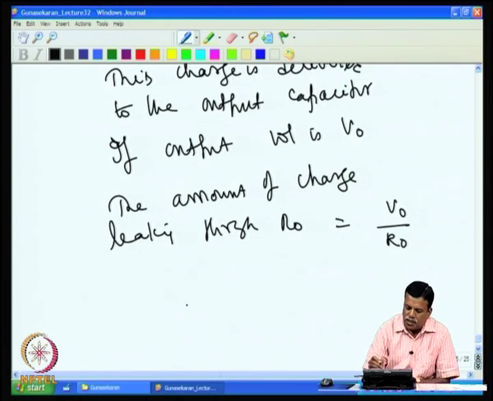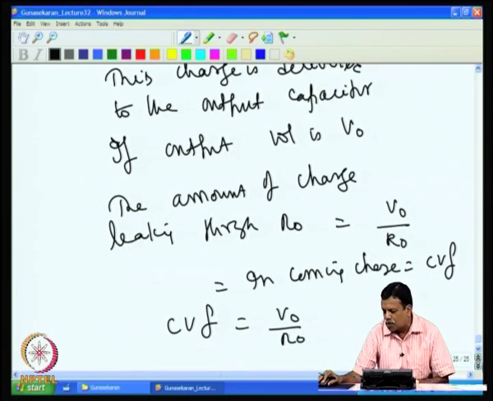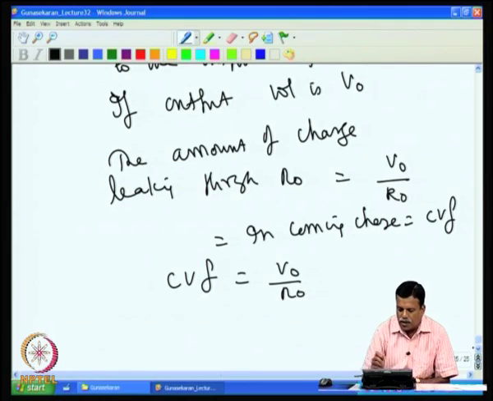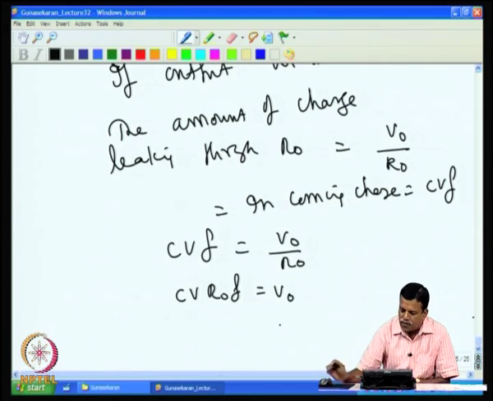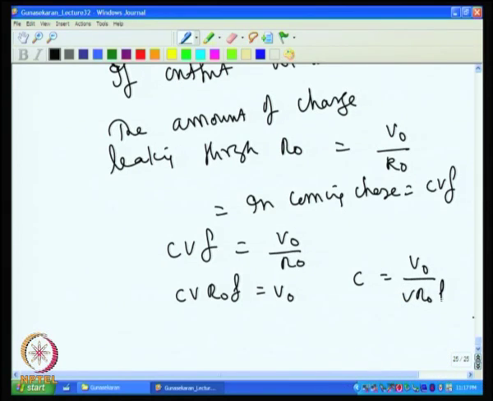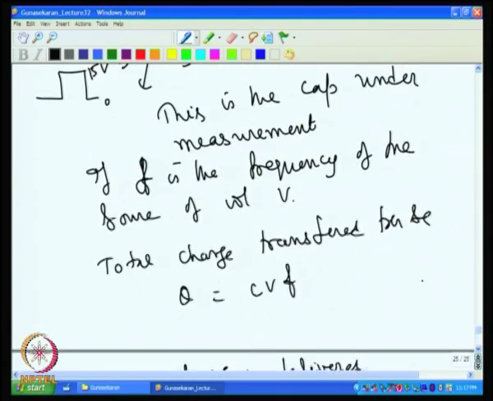This must be equal to the incoming charge, that is CVf. So, essentially CVf becomes V naught by R naught. So, you will get output voltage in terms of capacitance. C V R naught f becomes V naught. So, C can be written as V naught by V into R naught f. So, from V naught we can find the value of the capacitance.